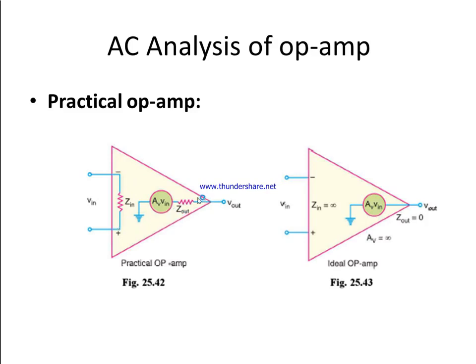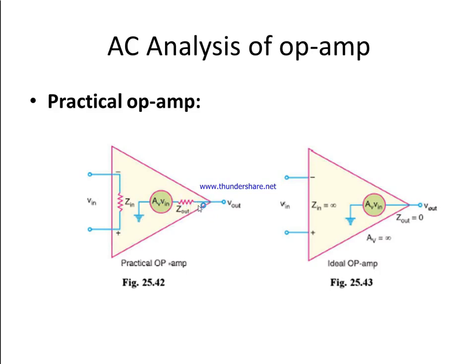And the third one is the output impedance Z out, which is very low. The output voltage is taken through the output impedance Z out, because one end is connected to Z out and the other end is connected to ground.